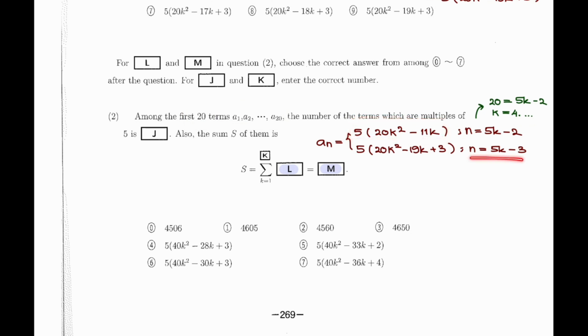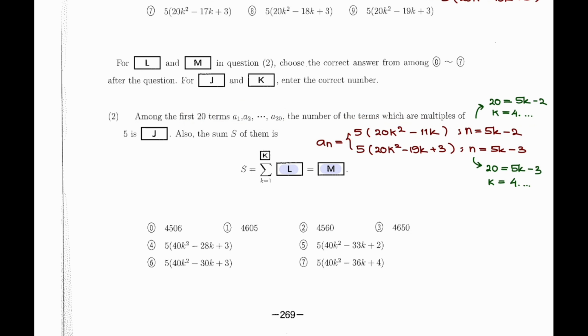And then for the second function, we can do the same thing. Since n is 20, that means 20 equals 5k minus 3. Then you will get k equals 4 point something.